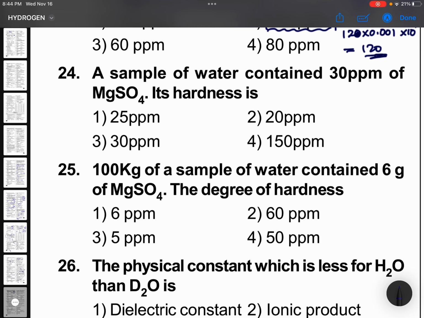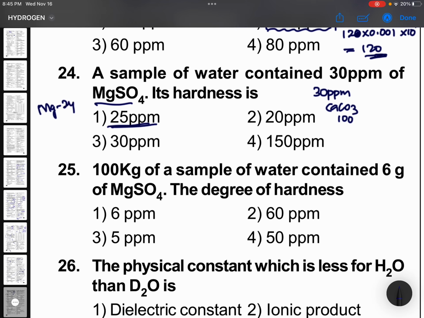A sample of water contains 30 ppm of magnesium sulfate. Its hardness is? Okay, magnesium sulfate you mentioned, so 30 ppm is equal to how much? You need to say it in terms of calcium carbonate. Calcium carbonate molecular mass is 100. Now the magnesium sulfate molecular mass you need to know.